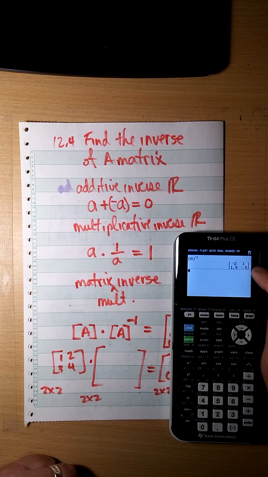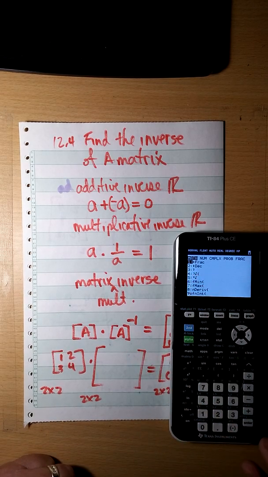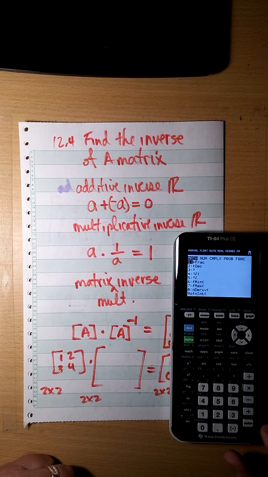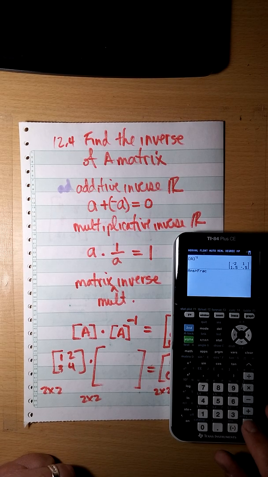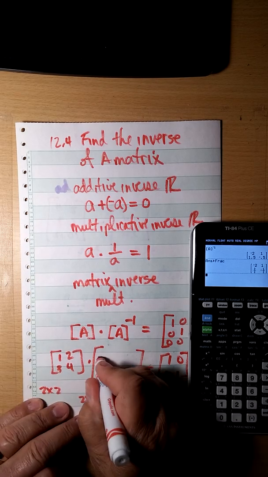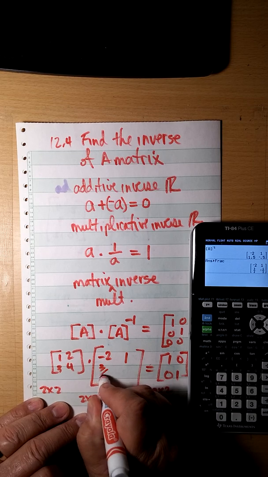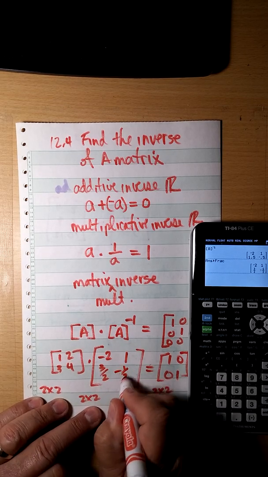It's negative 2, 1, 1.5, and negative 0.5. Now you can change that to fractions if you go to math. The first thing under the math is frac, and we'll change that answer to fractions. So it's really negative 2, positive 1, 3 halves, and negative 1 half.